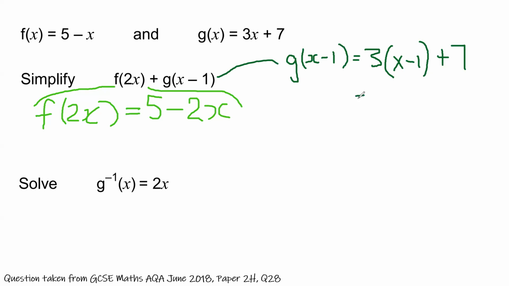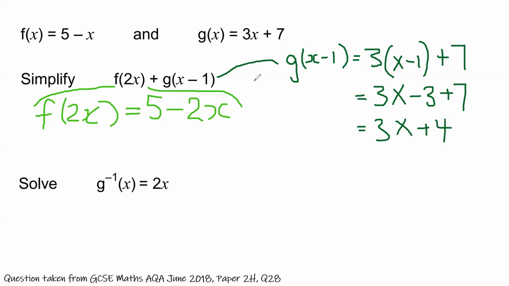First of all, we've got to simplify this bit, then we'll put it back, adding to this bit. If we multiply out this bracket, we end up with 3x minus 3 times minus 1, which is minus 3, plus 7. Simplify this, and we've got 3x plus 4.